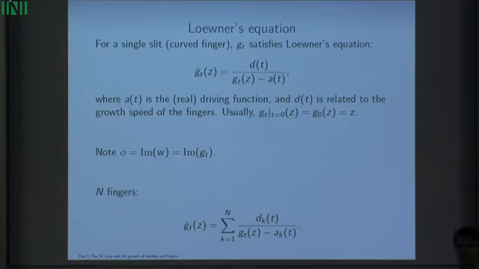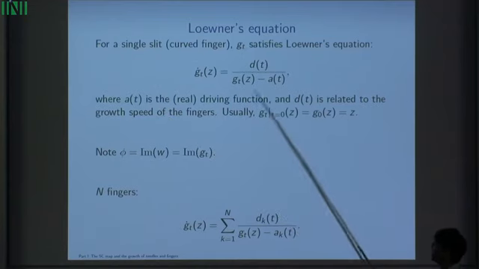What it effectively does, as time increases, is that the singularities build up in the real physical plane, and it maps them to the real axis in the mathematical plane. So as time evolves, the finger grows. And I'll give you a very simple example to illustrate that shortly.